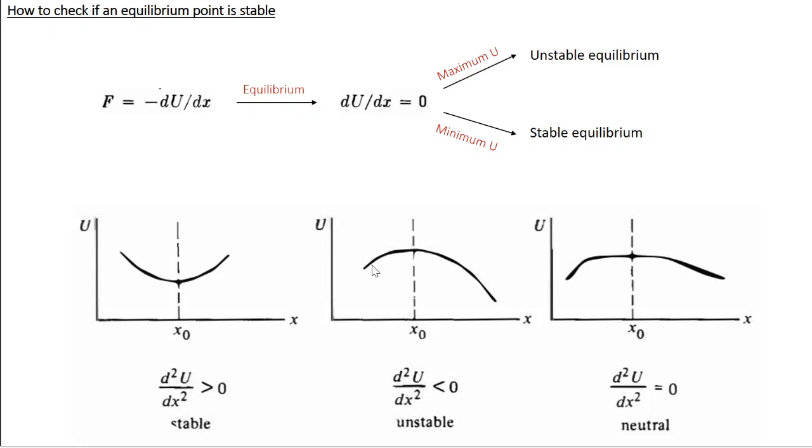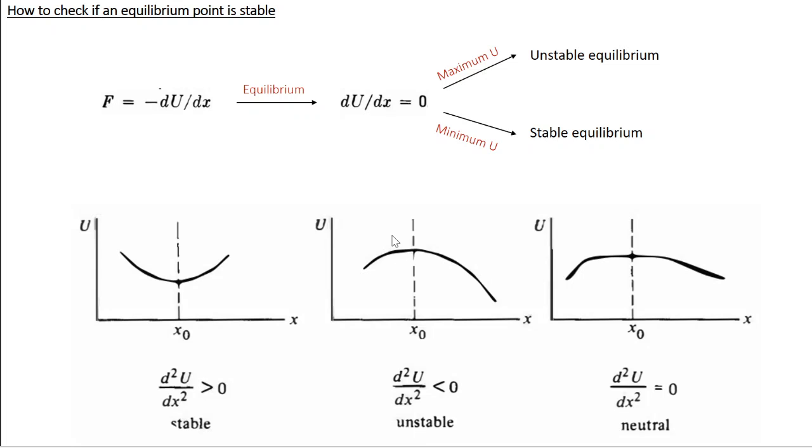So you start with positive slope, it decreases to 0, it further decreases to a negative value. In other words, the change in slope is negative here. So when you calculate d square u by dx square for this kind of a graph, you get less than 0. So if the second derivative is greater than 0, that corresponds to a stable equilibrium. If the second derivative is less than 0, that corresponds to unstable equilibrium.